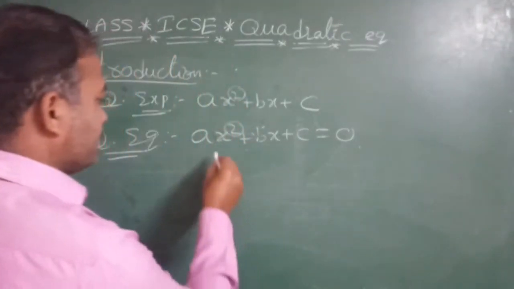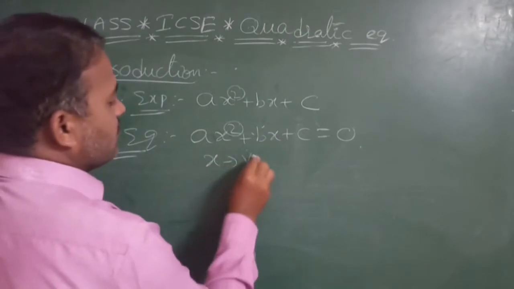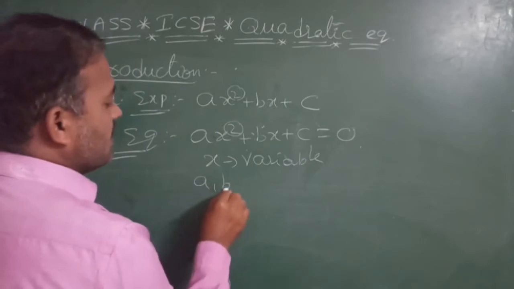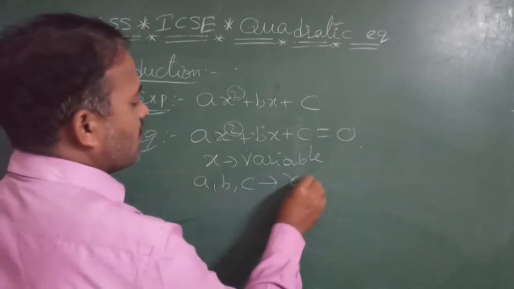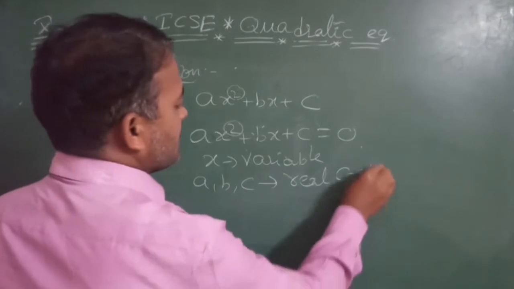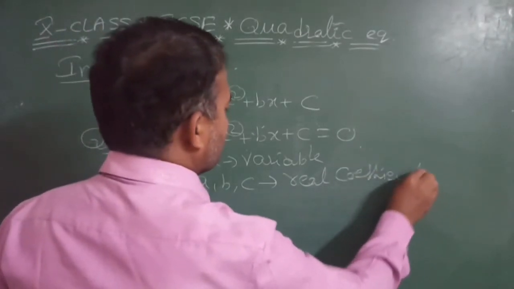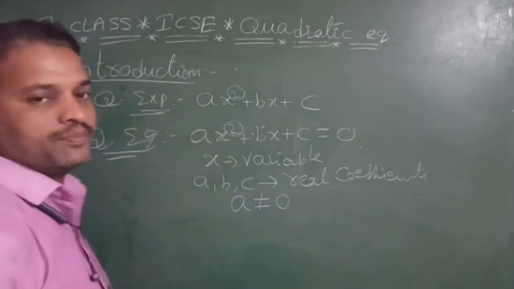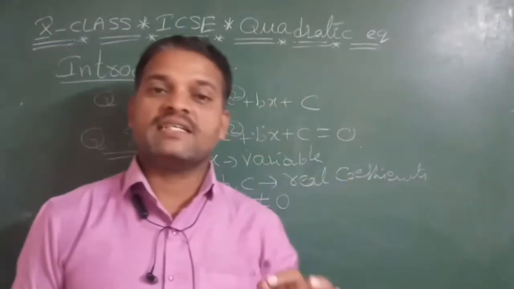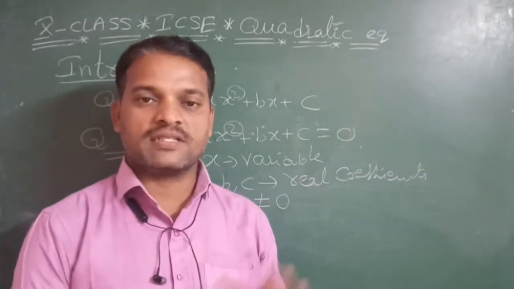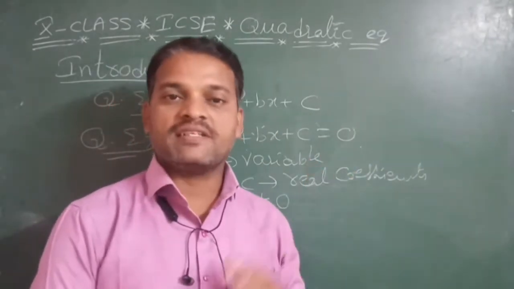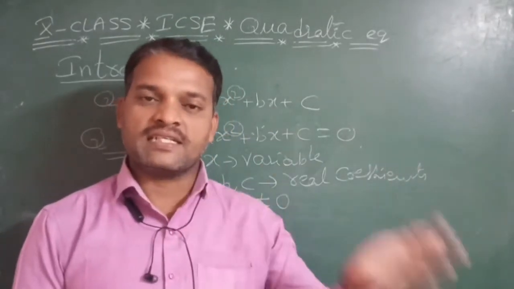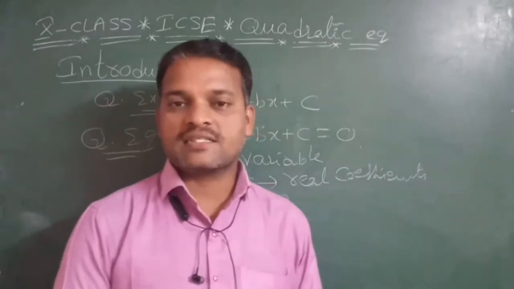Here x is a variable, a, b, c are real coefficients, and the leading coefficient is always not equal to 0. This is the definition of a quadratic equation. The types of quadratic equations you learned in the 9th class textbook.